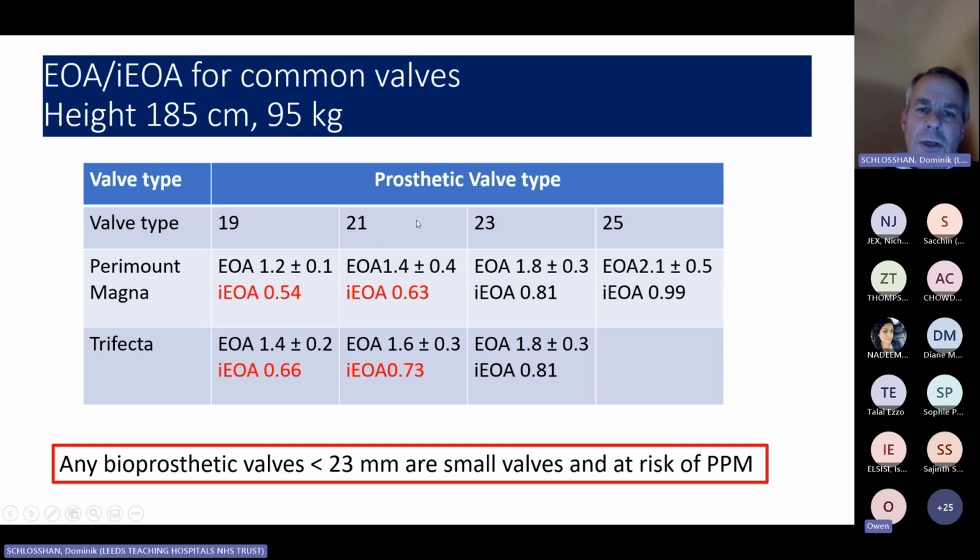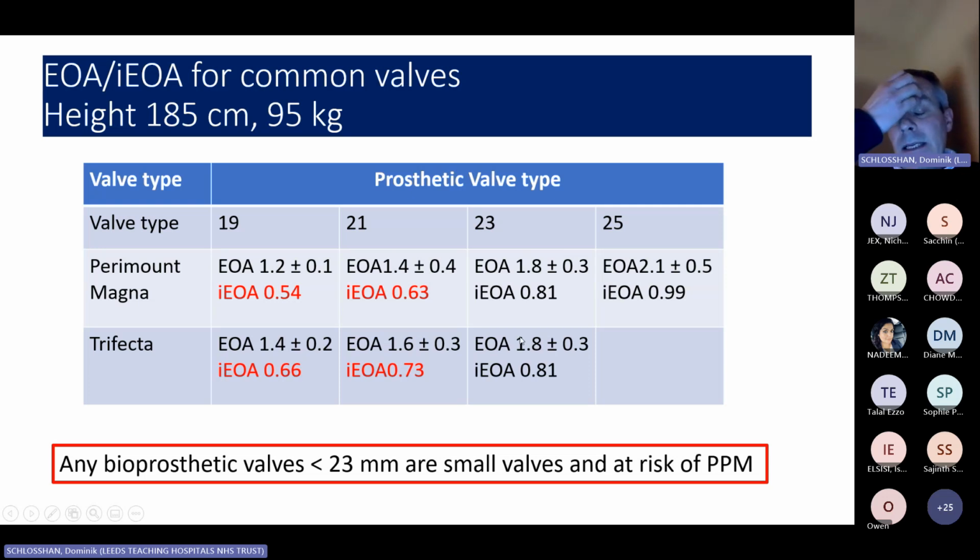You can see here, if you put a 21 millimeter Paramount Magna, which is the commonest valve, into a person like that, this is the effective orifice area, but this is the indexed valve area. And we know that the indexed valve area is the marker of a prosthesis patient mismatch, or too small a valve for their body. And you can see any valve that is below 23 really gives you a patient prosthesis mismatch.